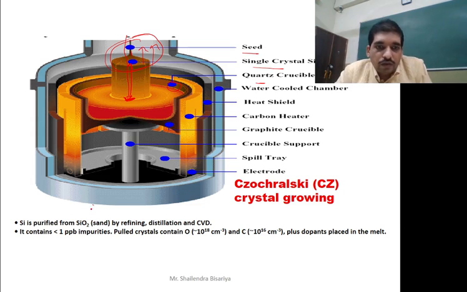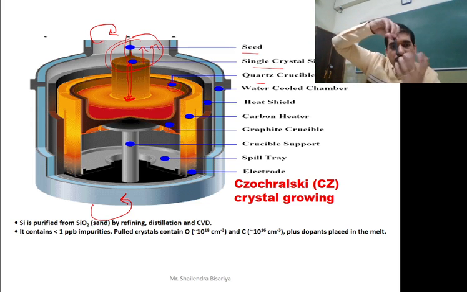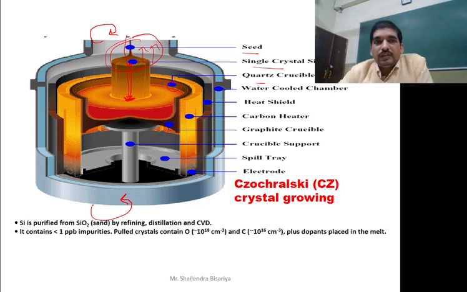We are rotating the crucible in, let us say, clockwise direction, and we are moving the pulling mechanism in the anti-clockwise direction, because we are moving both in opposite directions. So what basically happens is centrifugal and centripetal forces apply in such a manner that impurities move from the center to the outward side.